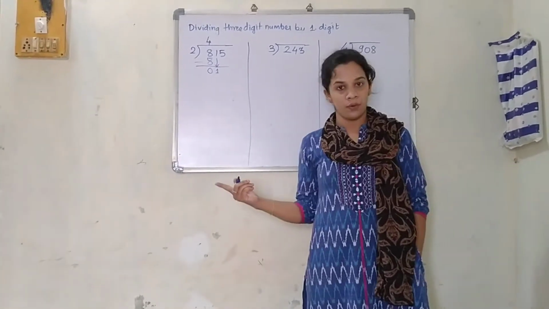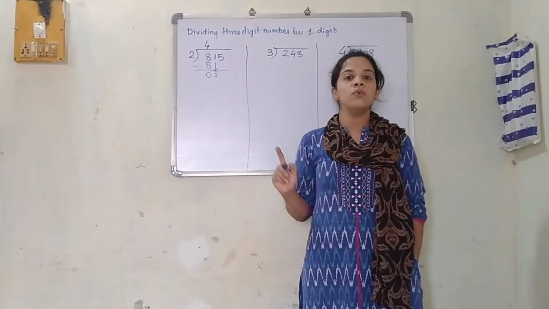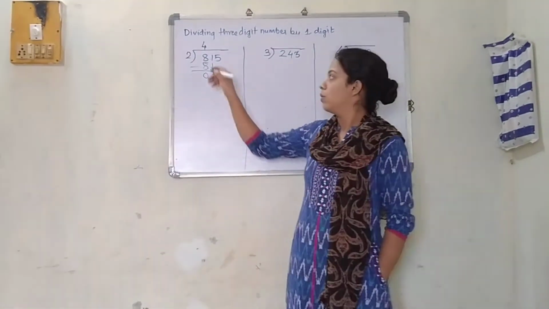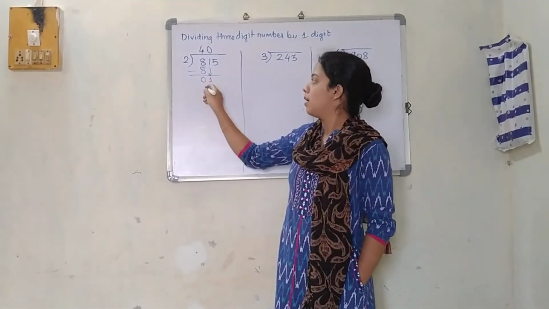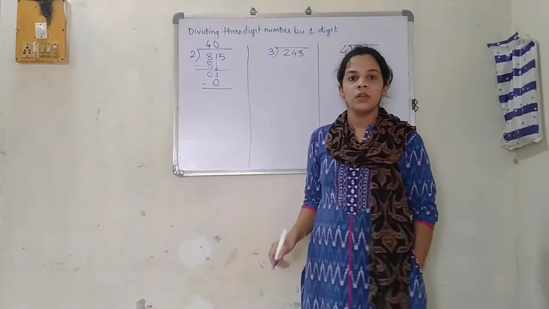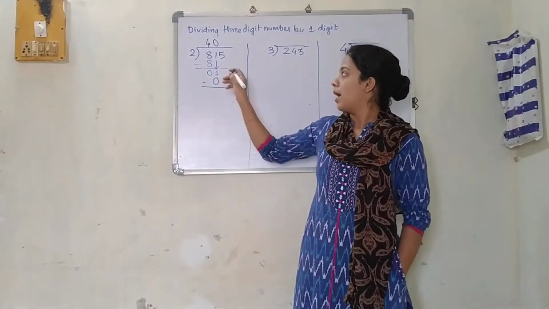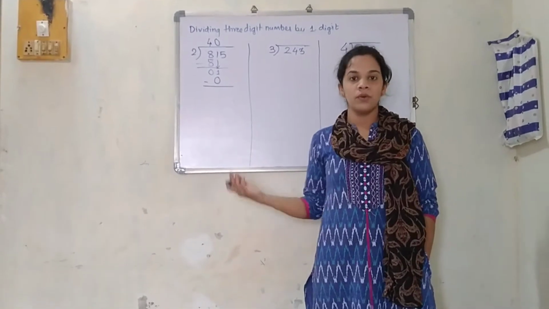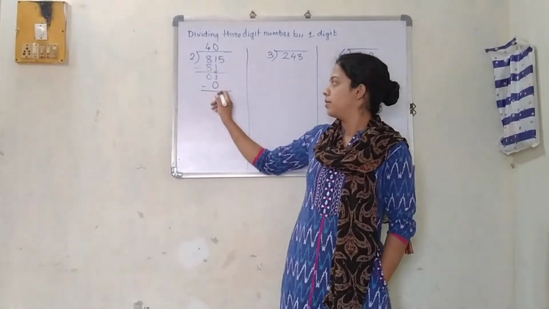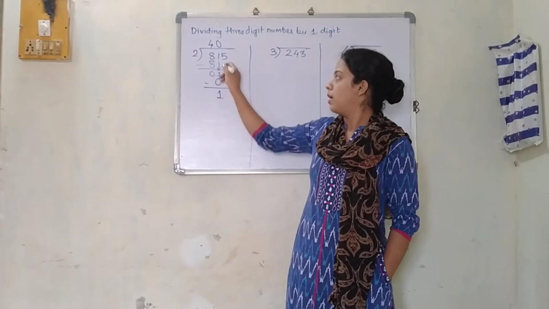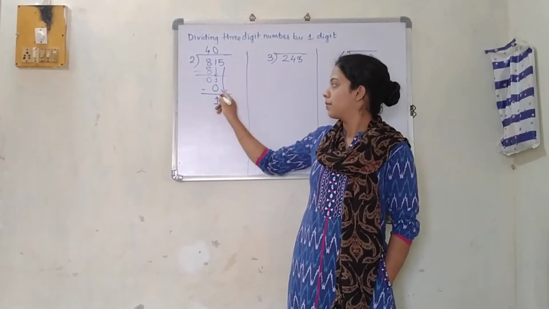If it is not coming in any of the tables, we will take 2 zeros are 0. Any number multiplied by 0 is 0 itself. So 1 minus 0 is 1. Now we will take this 5 down.